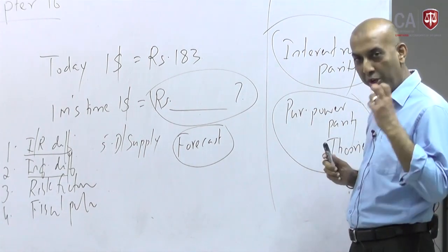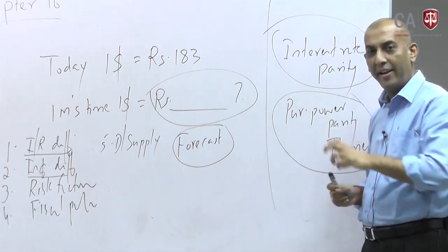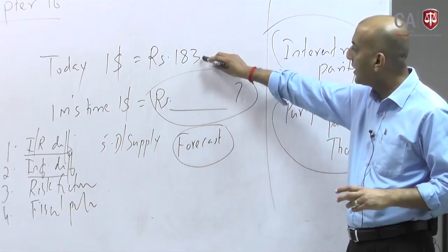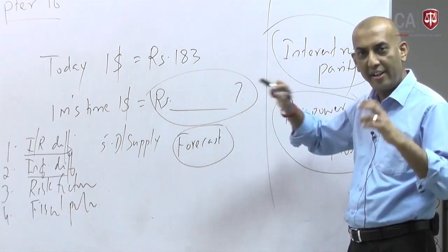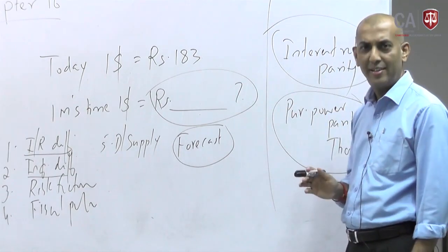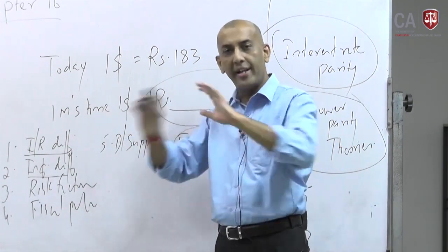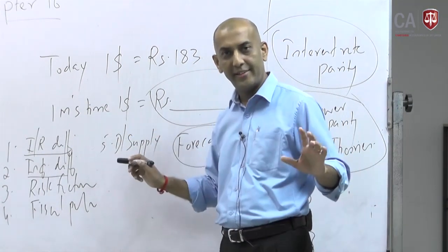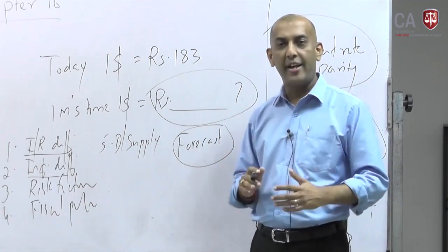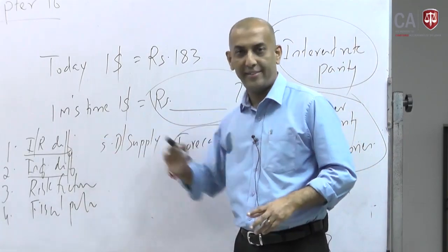Only thing you need to be remembering, when you look at interest rate parity, it assumes that today's exchange rate and tomorrow's exchange rate are different only because of the interest rate differences. No other reason. So the assumption of the interest rate parity is today's exchange rate and tomorrow's exchange rate differ because interest rates are different between the countries.